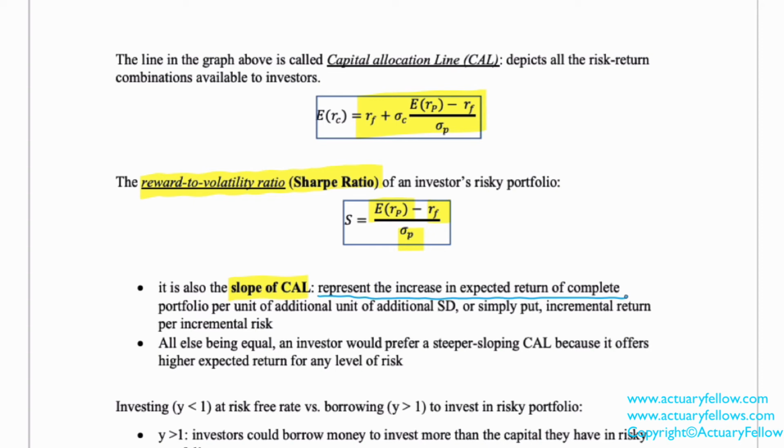We can also interpret it as incremental return per incremental risk. All else being equal, investors want a higher Sharpe ratio because it offers more return for additional risk. Complete portfolios and the risky portfolio have the same slope, or Sharpe ratio, because they lie on the same CAL.